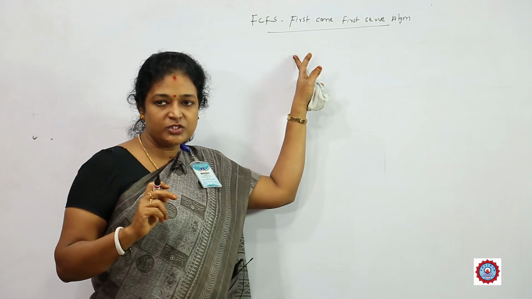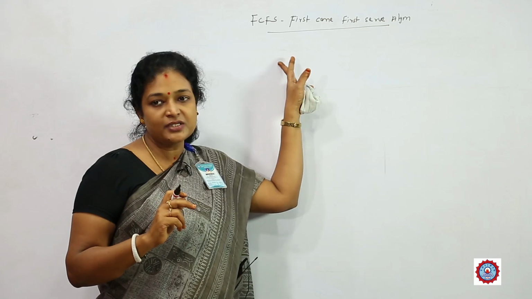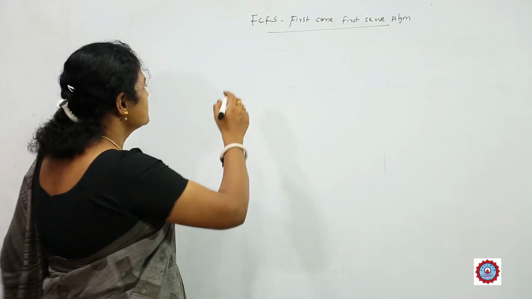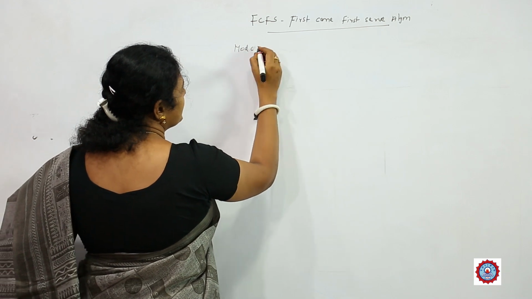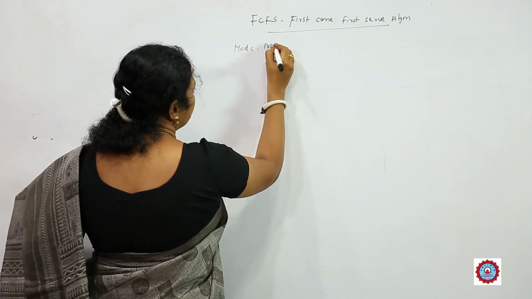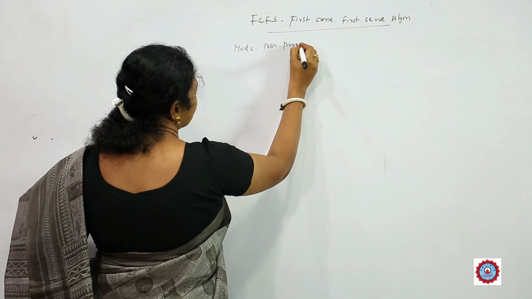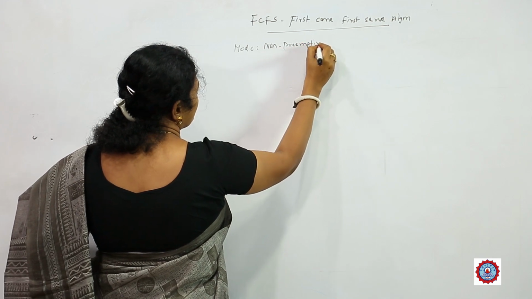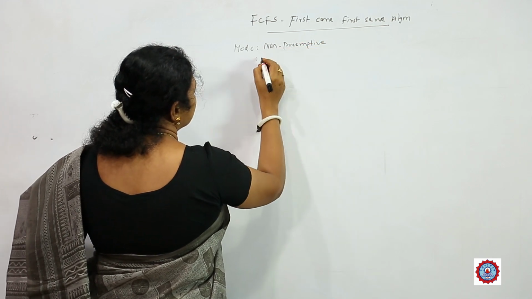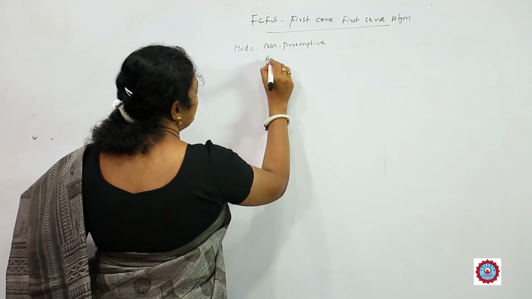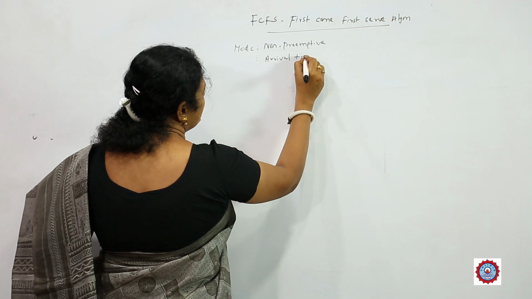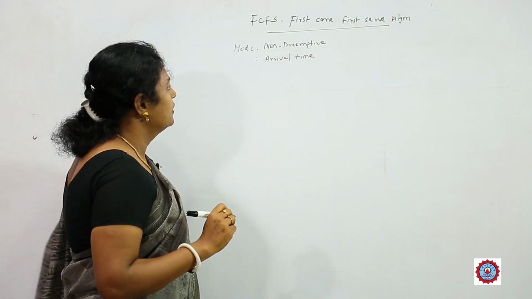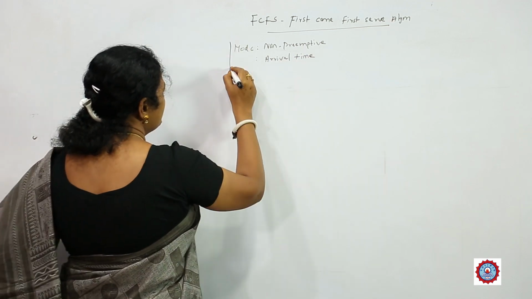This will be the first one and this will be the simplest algorithm. So, the mode will be non-preemptive and it is based on the arrival time. So, this is a very important one.